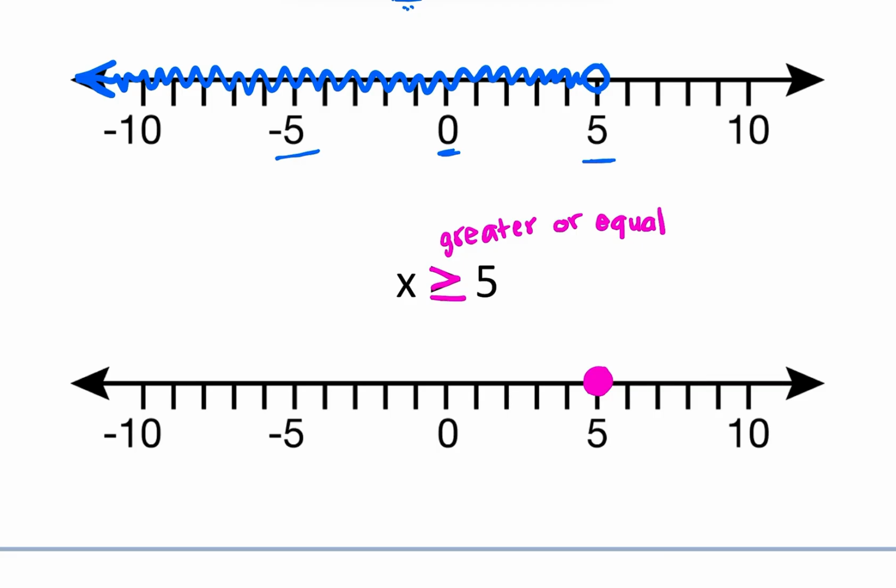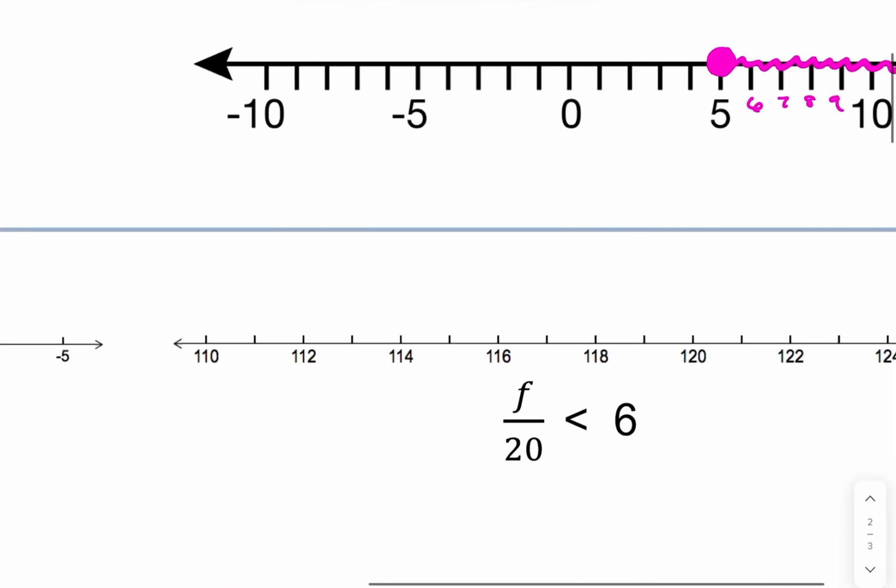And then my x has to be greater than 5, so I'm going to go bigger. So all of these are possible answers that I could plug in. This could be a 6, 7, 8, 9, 10. If I plug any of those in, is 6 greater than or equal to 5? Yes, it is. I could even put 5 this time because it has an equal sign. So any of these would be my x.